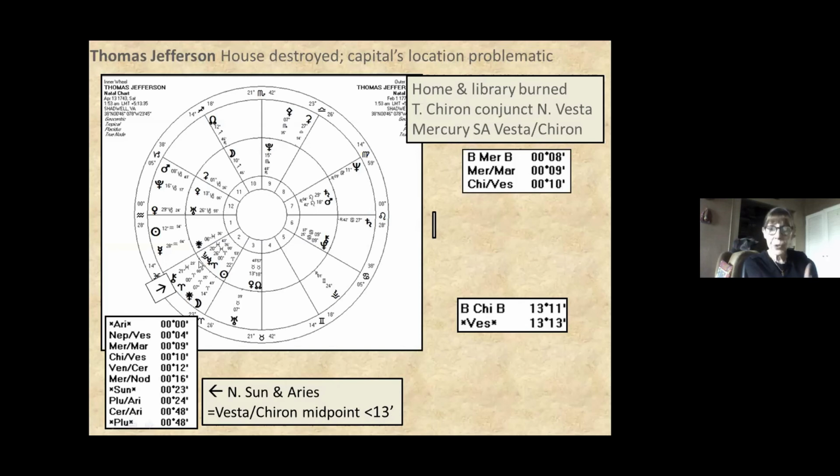This is a home destroyed by a fire. Transiting Chiron was conjunct natal Vesta, and his library was burned. Thousands of books were burned in this fire. And the other thing he had was progressed Mercury at the midpoint of Chiron Vesta. Mercury on Chiron Vesta is kind of compelling too for the books that burned.